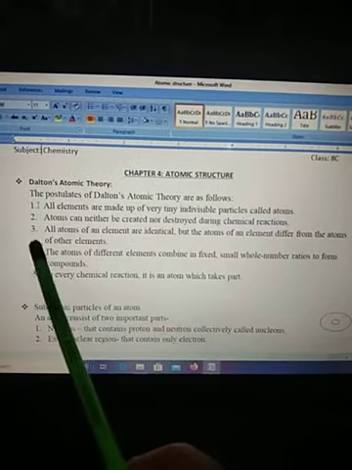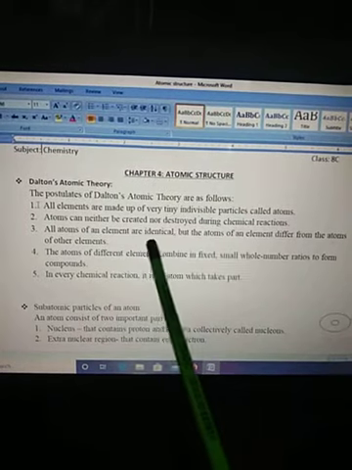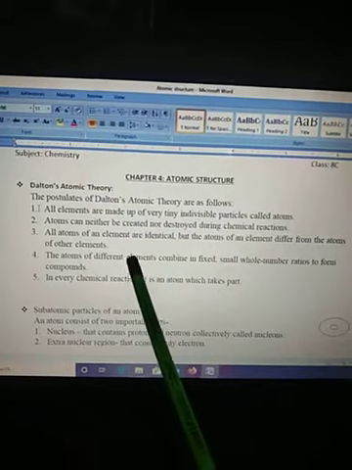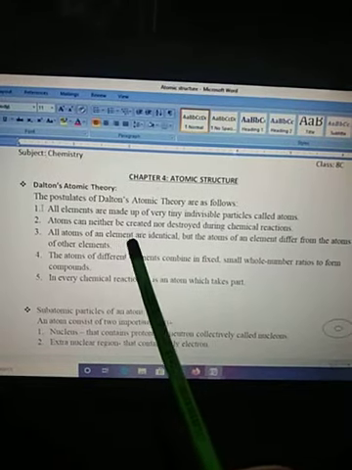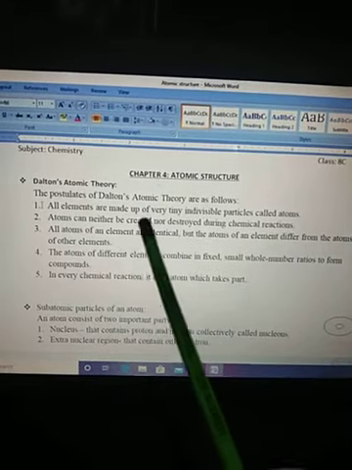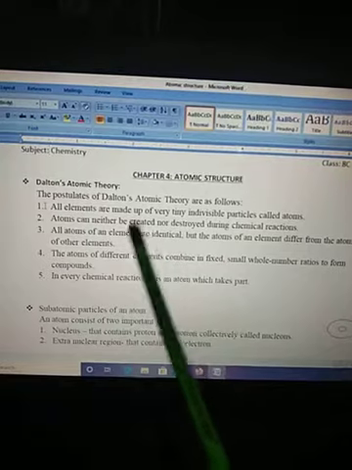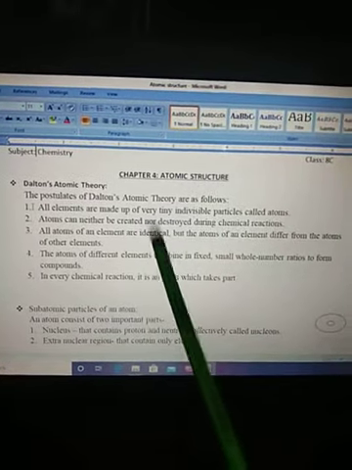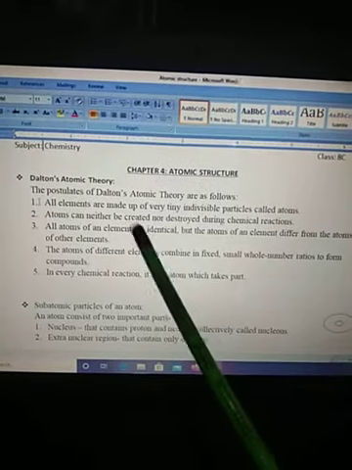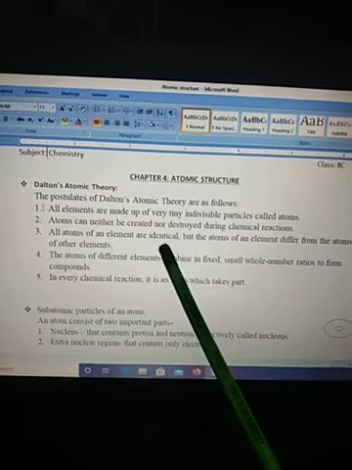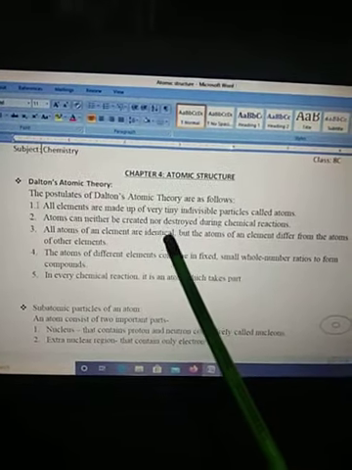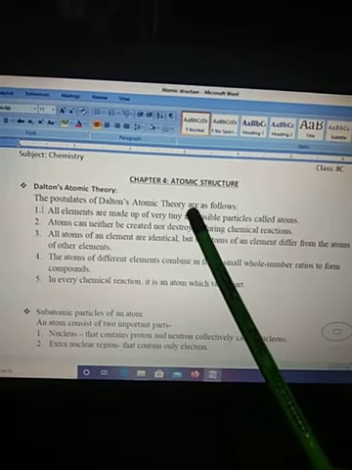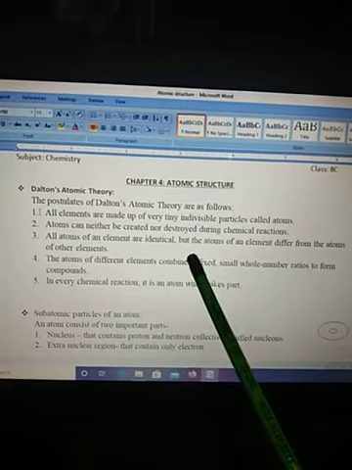Next, 3. All atoms of an element are identical, but the atoms of an element differ from the atoms of other elements. That means, according to the third postulate, if we have atoms of the same element, they are identical, that is, they must be the same. This third postulate also holds wrong, because we have a term called isotopes.